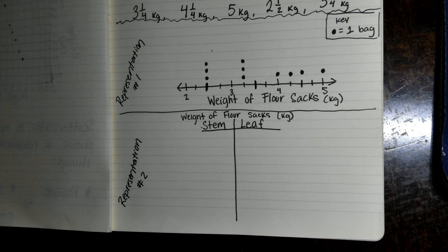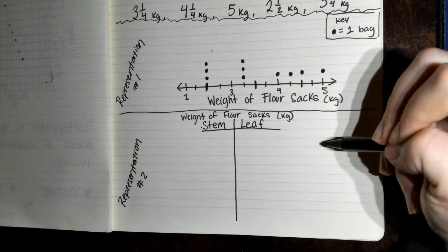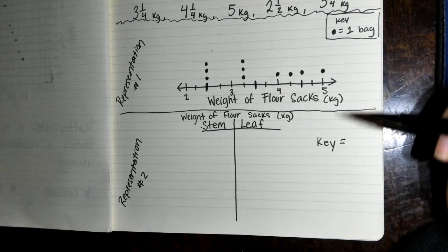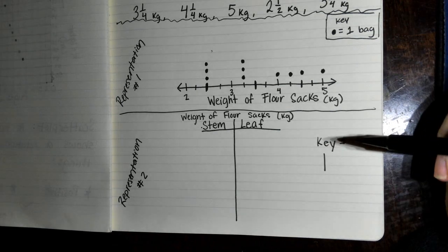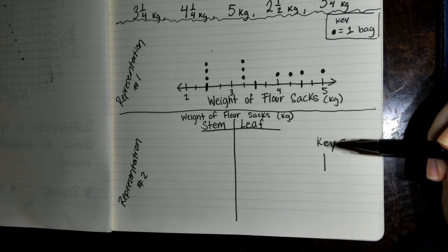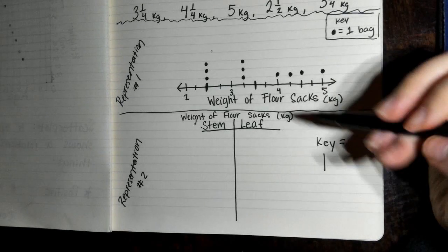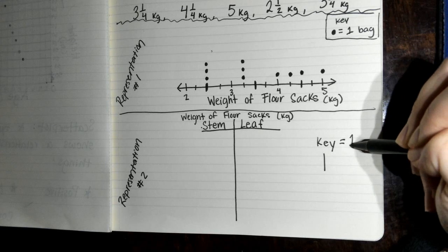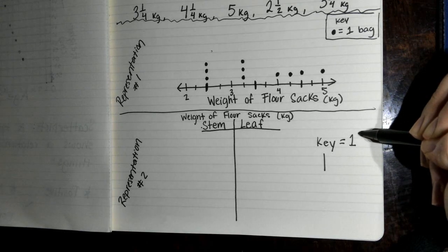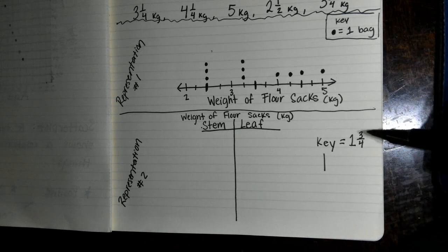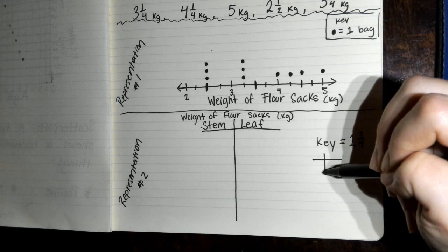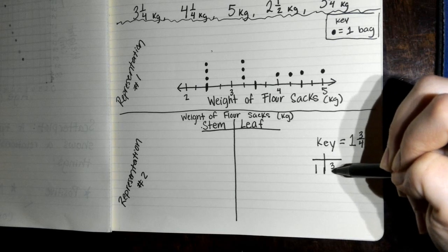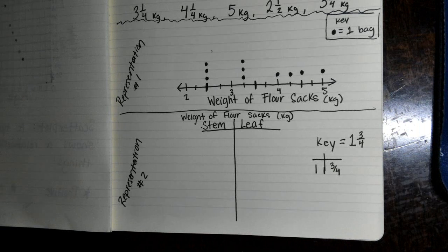So the first thing with a stem and leaf is that we got to create a key. And our key is going to show us what the stem is worth and what the leaf is worth. So for example, if we had like 1 and 3/4, then on the stem and leaf that would look like 1 and 3/4.